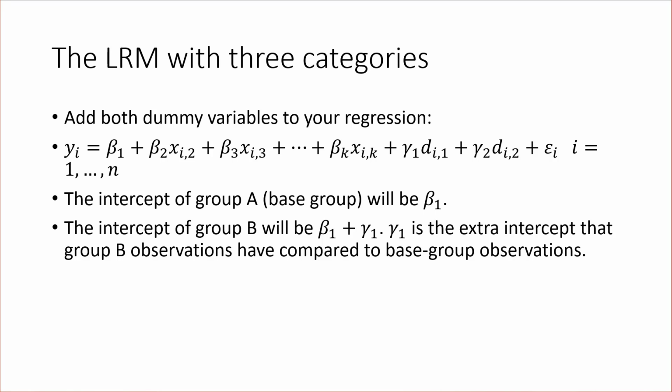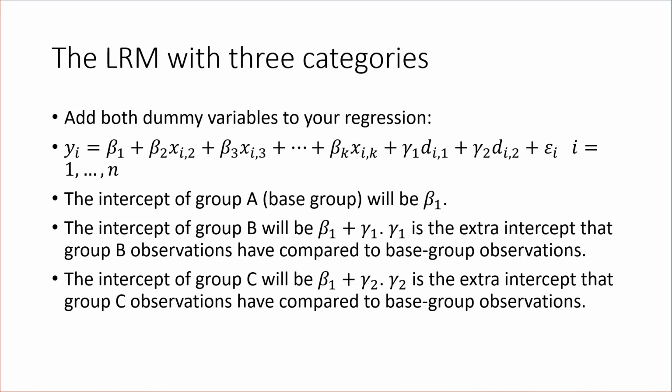So in our example, it's the extra salary that a married person will make compared to an unmarried person if the value of all the explanatory variables are the same. Of course, this can be negative as well if married people make less than corresponding unmarried people.